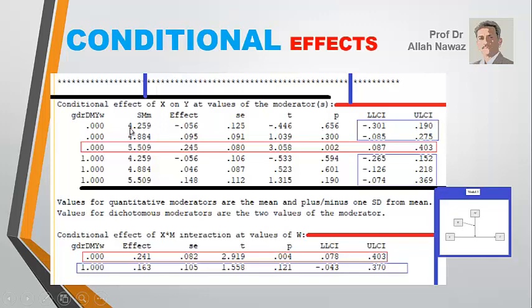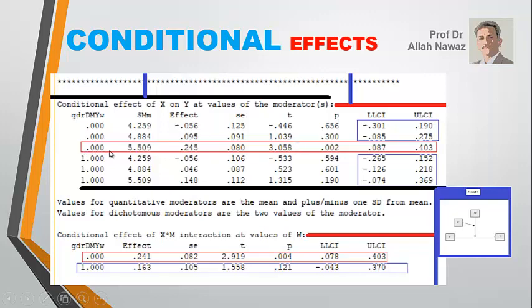For example, group 1 has the score on social media which is 4.25, the second group has 4.88, and the group with maximum score on social media is 5.5. So the same three levels have also been used to analyze the results of male respondents.